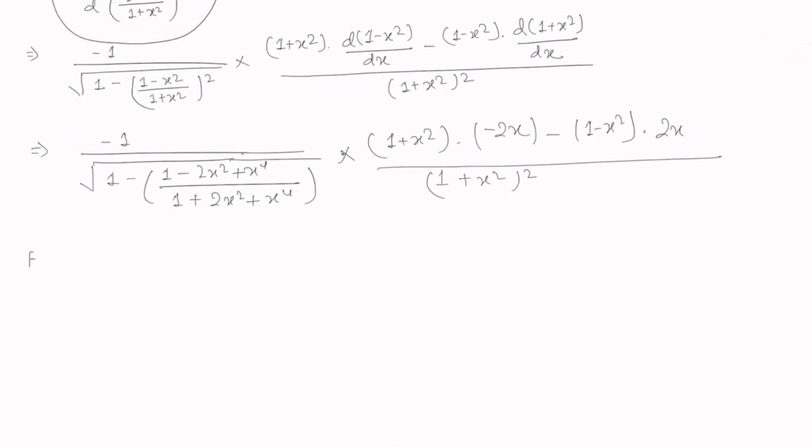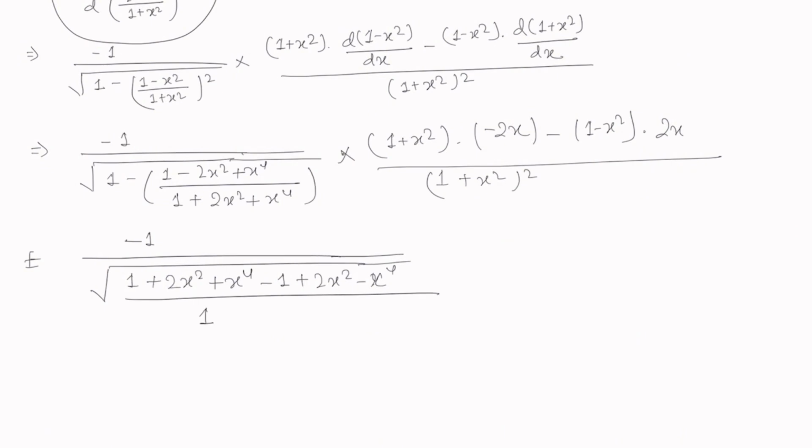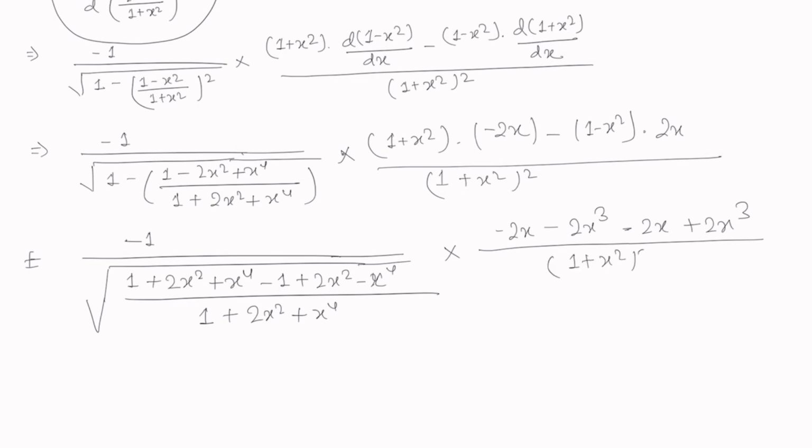Now here we will have minus 1 upon root under (1 plus 2x square plus x to the power 4 minus 1 plus 2x square minus x to the power 4) upon (1 plus 2x square plus x to the power 4), times, in the numerator section, minus 2x plus 2x cube minus 2x plus 2x cube, upon (1 plus x square) whole square.